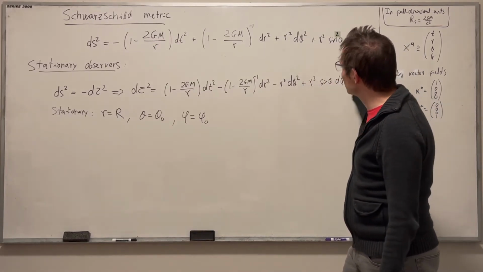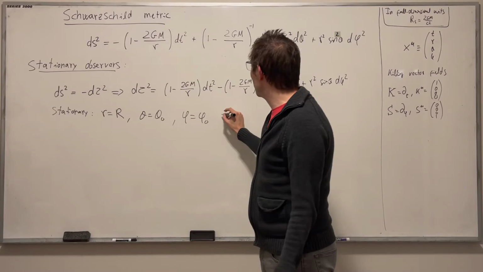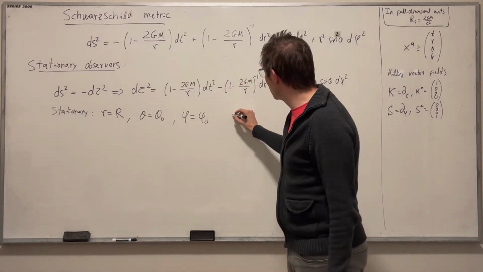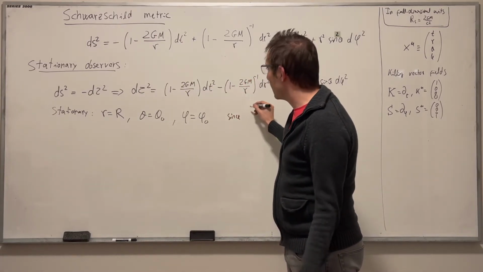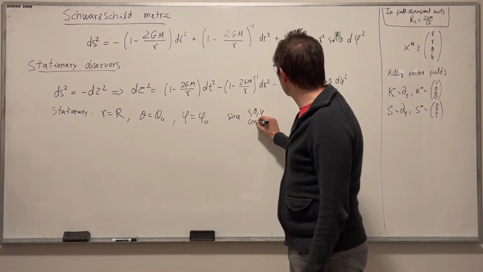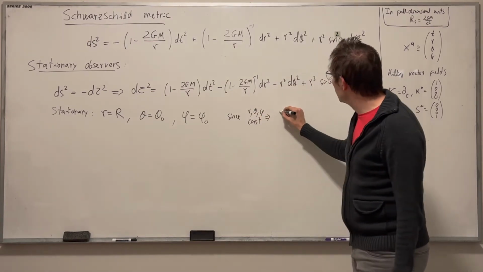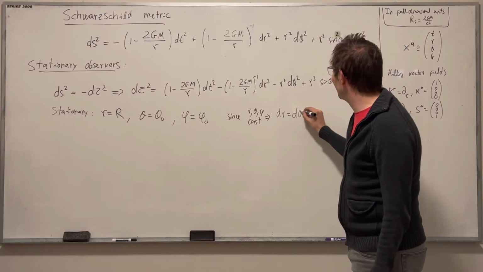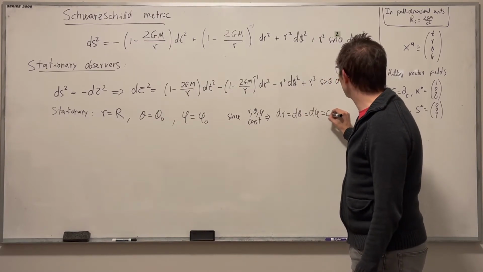They would just cancel. And they would say, since r, theta, phi are constant, then we know that dr equals d theta equals d phi equals 0.